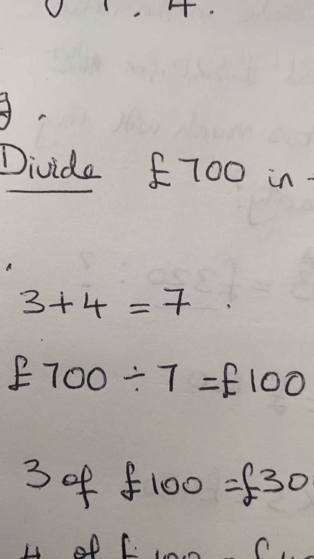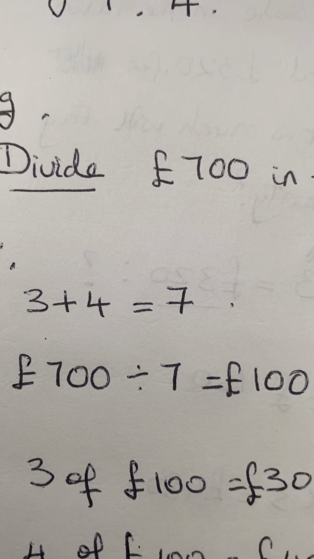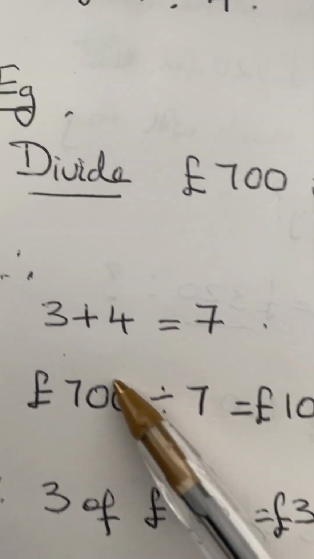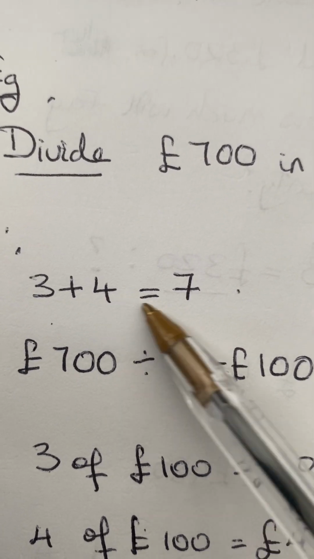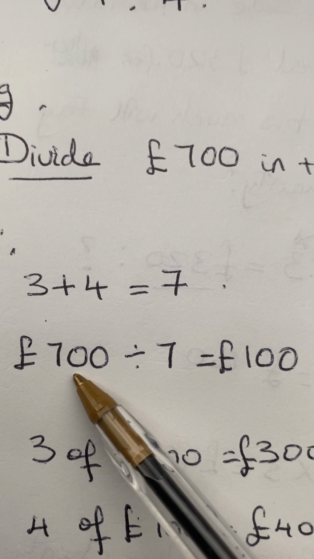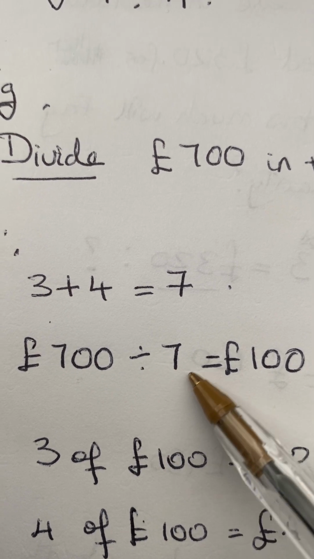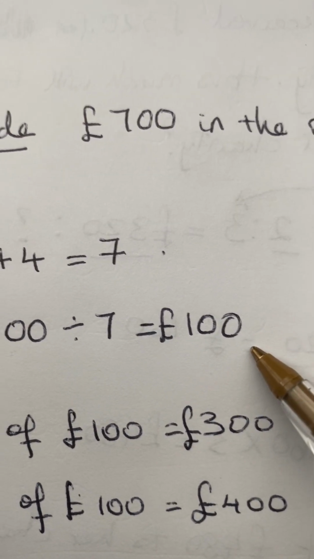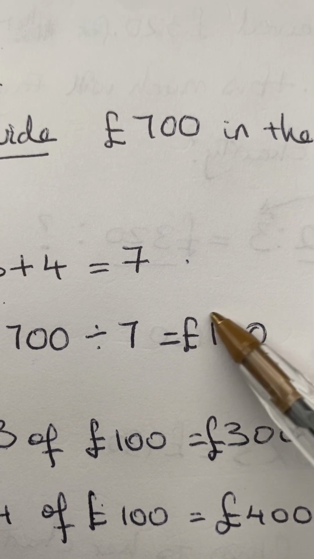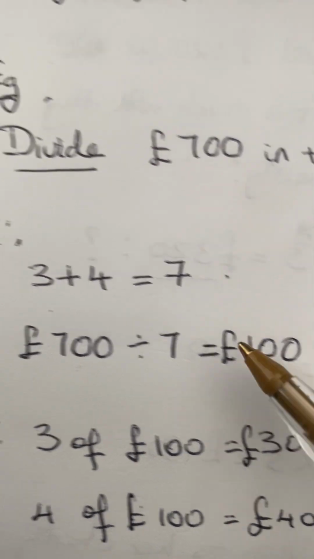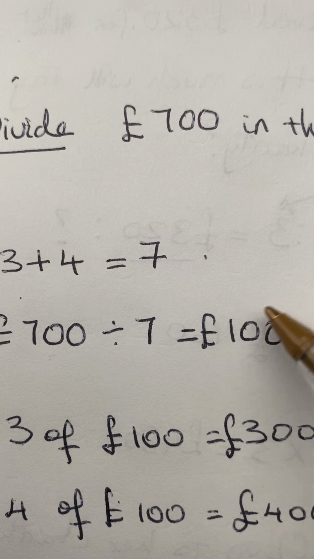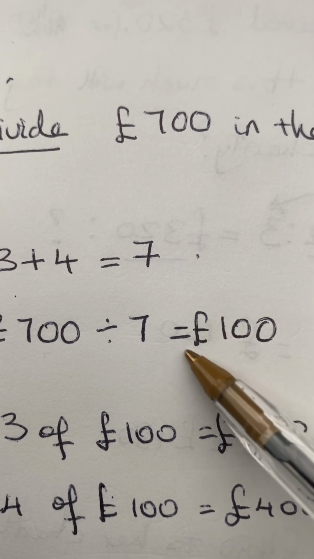Assuming the numbers were complex, you are going to use the same method. So first you add 3 to 4, which is 7, and then you divide 700 by 7, which is 100. So a portion is £100, from what we did, the unitary method.